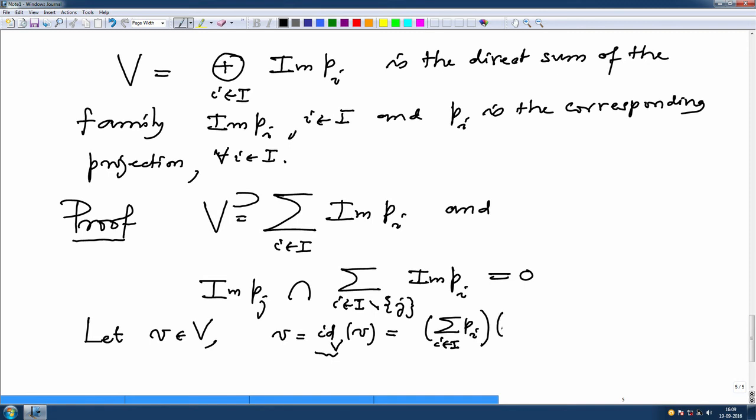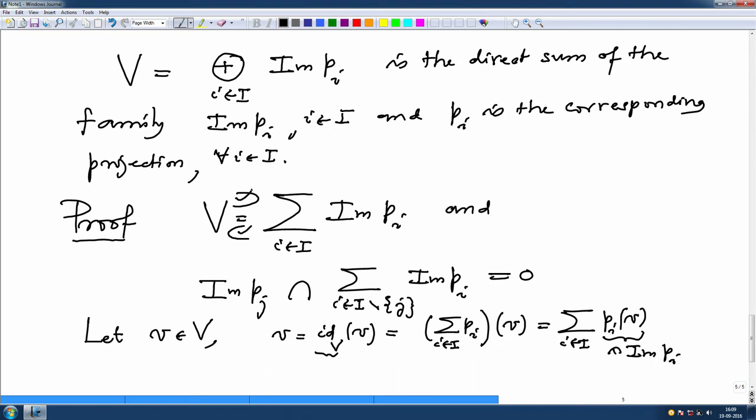This evaluated at v is, by the way it is defined, the summation over i in I of Pi v, and only finitely many of these are non-zero, and evidently this belongs to the image of Pi. So I have written every v as a sum of these guys. Therefore, we have checked this.